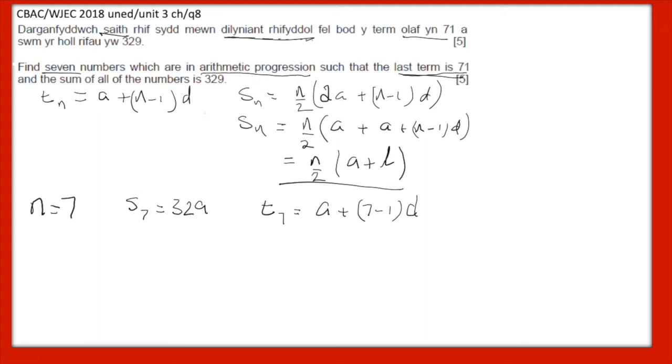So I would normally expect, if I was using the classic ones, to have to form a simultaneous equation in a and d and solve those simultaneously, but in this particular case, if I use this little beauty, I know that 329 is going to be 7 over 2 (a plus 71), because I know that the last term is 71.